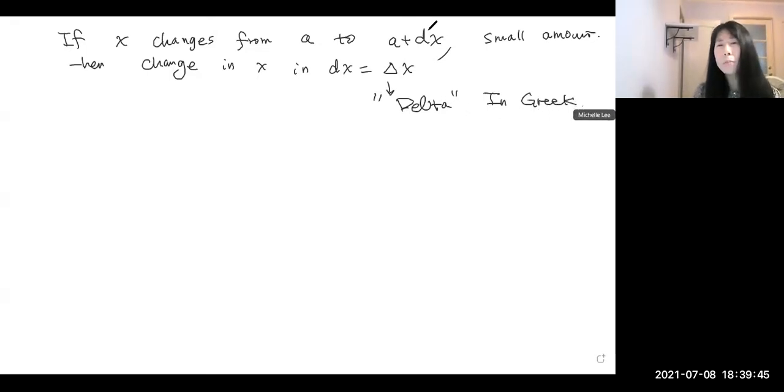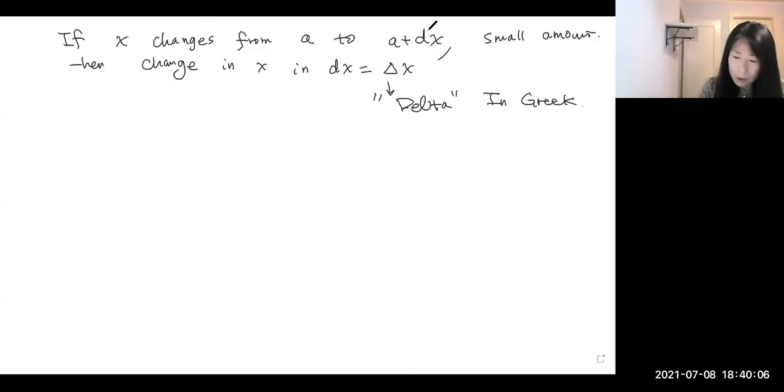Okay, then like a science subject, we measure all the time, right? Then we make an error because we are human beings, right? Then they call it propagated error. So it's an error in measurement.